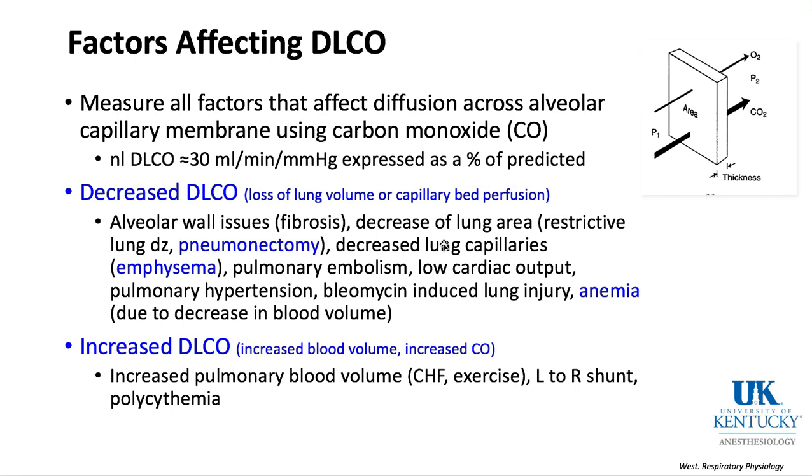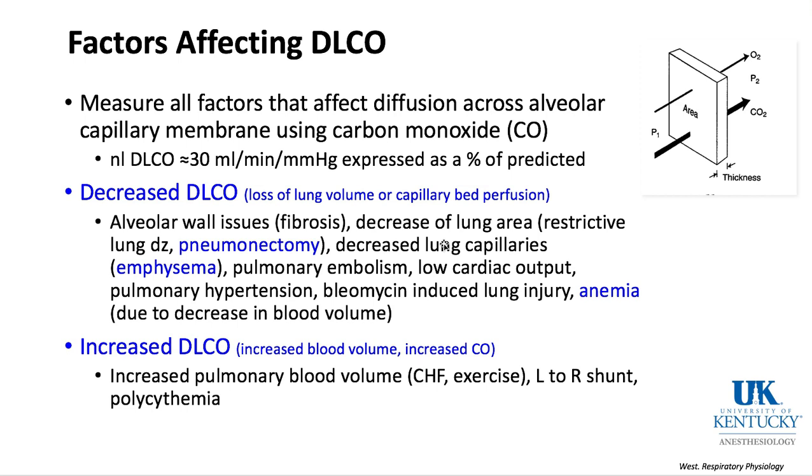Because of the way the test is done, if you don't have much hemoglobin, it's not going to carry away the carbon monoxide, and a patient that's very anemic will have a low DLCO. Or if they have a very low cardiac output, not much blood going by the alveolar unit to pick up the carbon monoxide during the test, it can decrease DLCO. But in general, we think of a low DLCO as a problem with loss of lung volume or capillary beds, such as emphysema, pneumonectomy, or fibrosis of the lung.